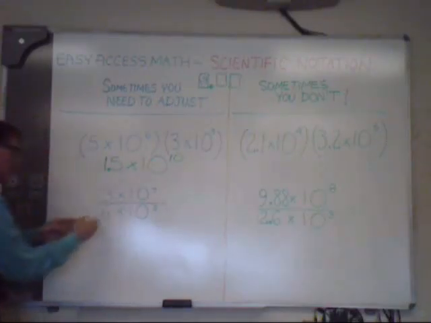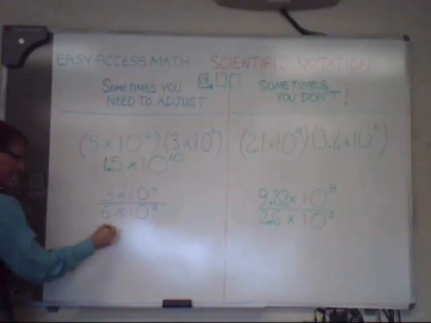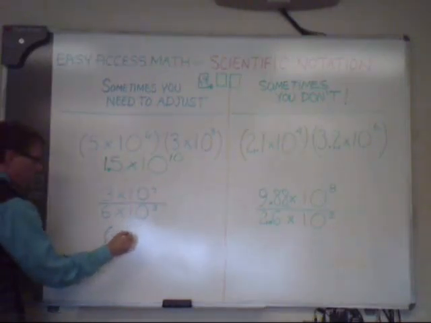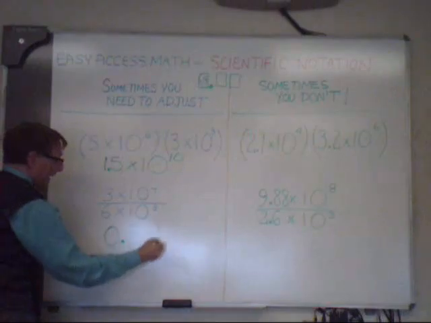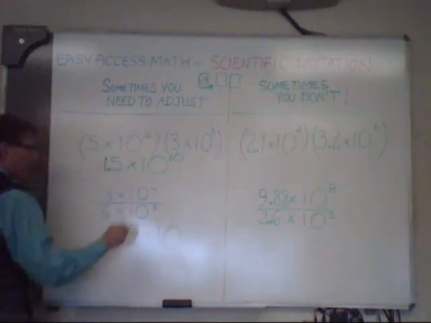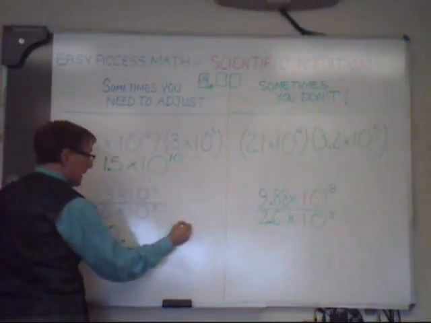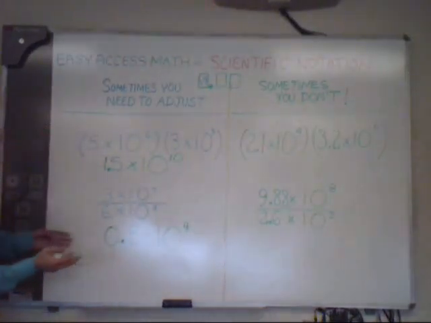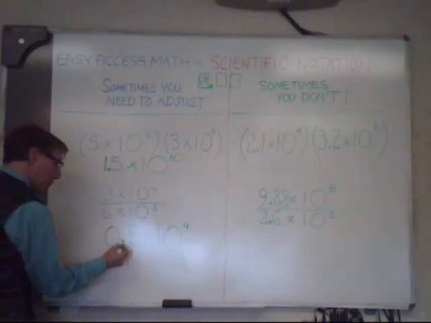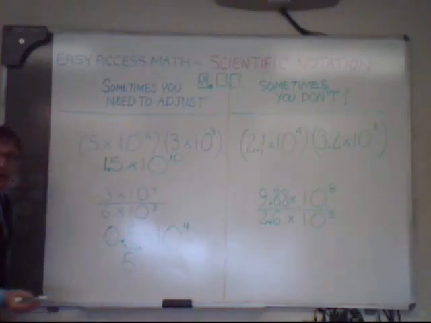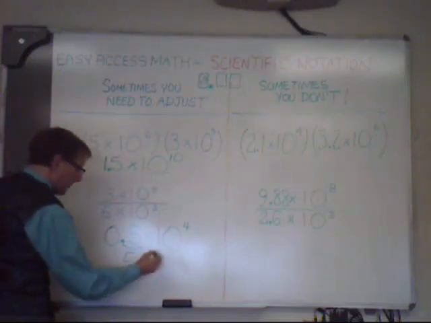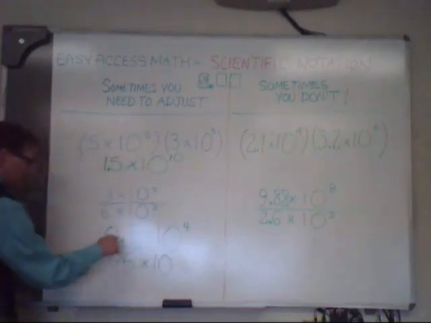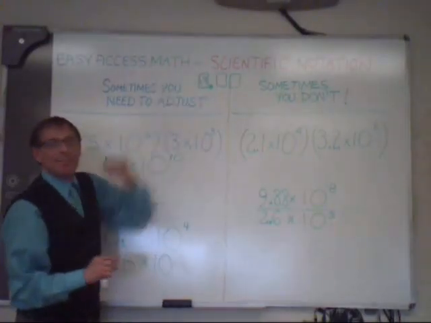Now, here we have division. In division, 3 divided by 6 is 0.5 times 10 to the 7 minus 3, and that gives me 10 to the 4th power. And again, I have to move the decimal 1 place to the right this time to make it 5.0 times 10, and now it fits because remember that first digit can't be 0.